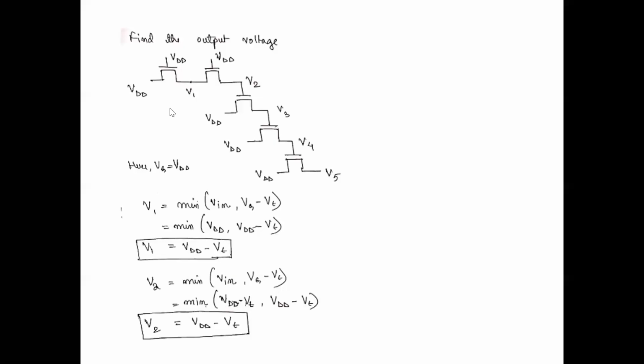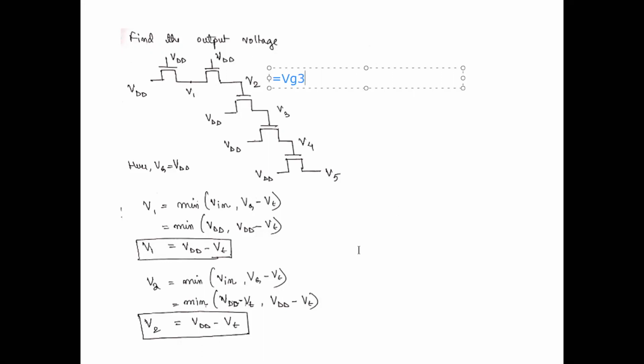What is V3? V3 is the output for the third. What is the gate of the third transistor? V2, which is VDD minus Vt. The output of this is given as the gate input for the third one, so this will be equal to Vg3.